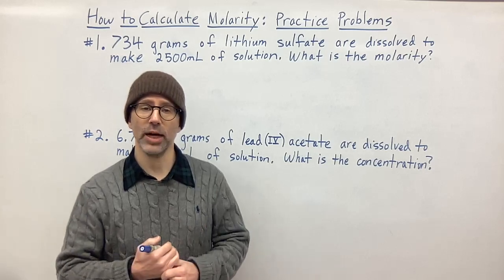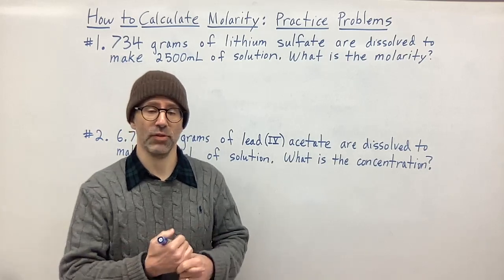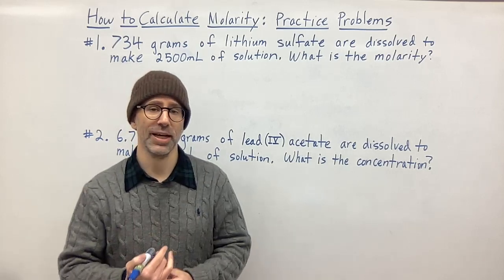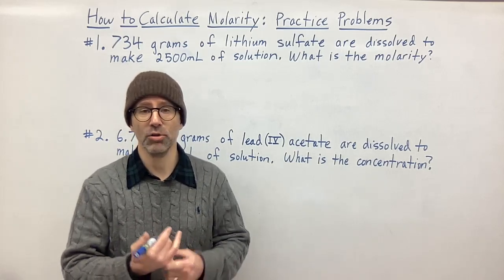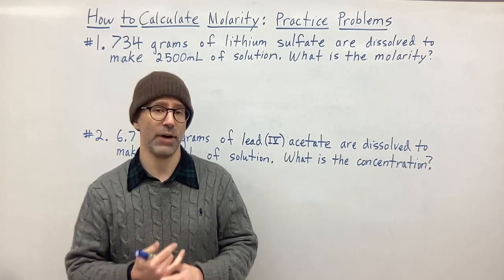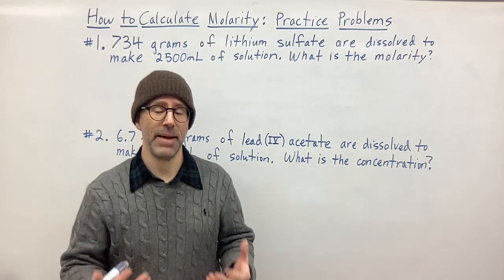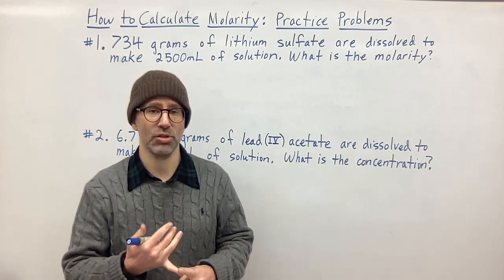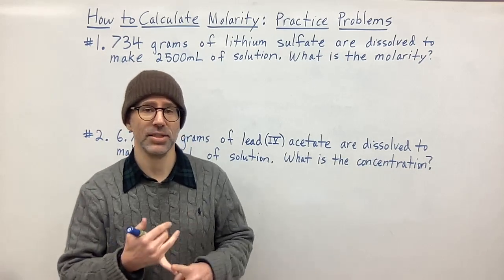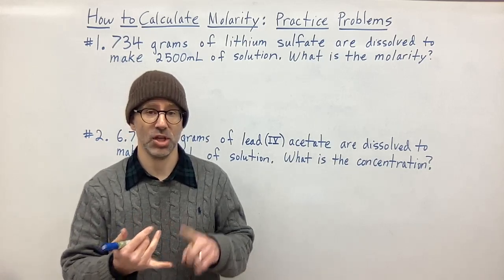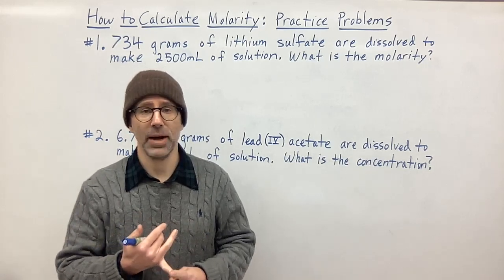So if it's molarity, you need to find moles of the solute, and you need to calculate and find liters of the solution. If it's molality, then you need moles of solute, but you need to find the kilograms of solvent. If it's percent by mass, then you need the mass of the solute, and you need the mass of the solution, multiplied by 100, right?